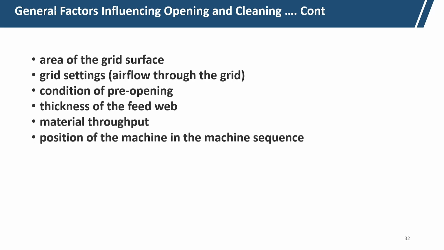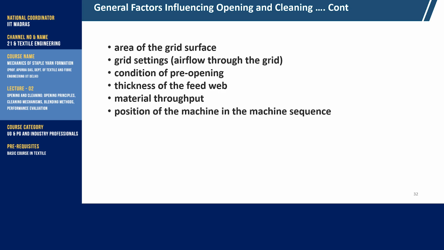Then the position of the machine in the machine sequence: in the initial process the cleaning action will be more, but at the later stage the cleaning action will be a little lower, though the opening will be better.